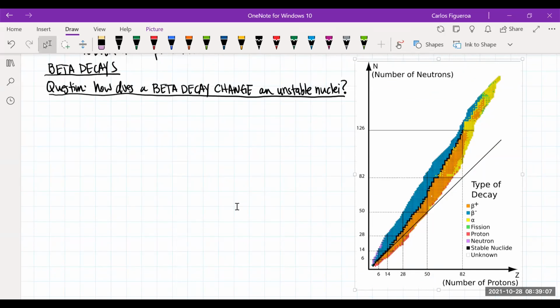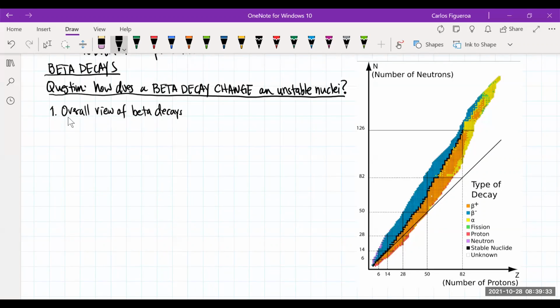So the first thing I want to do is give you an overall view of beta decays, because these are more complicated than alphas.